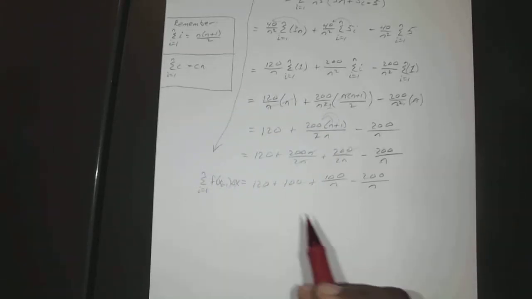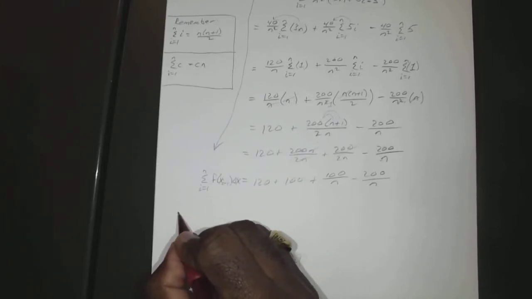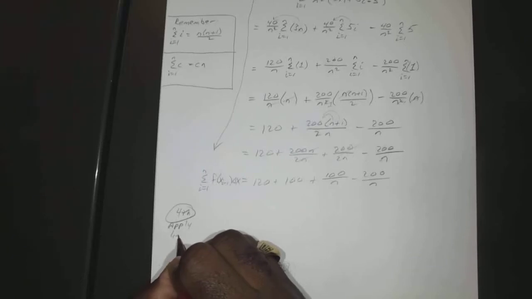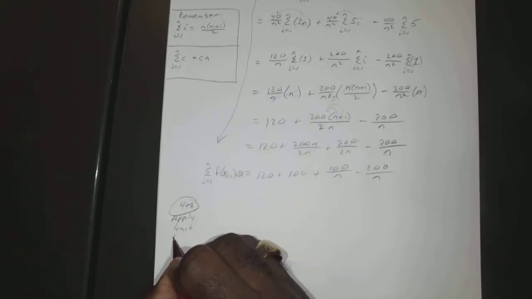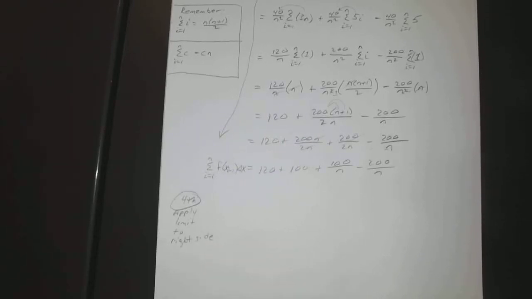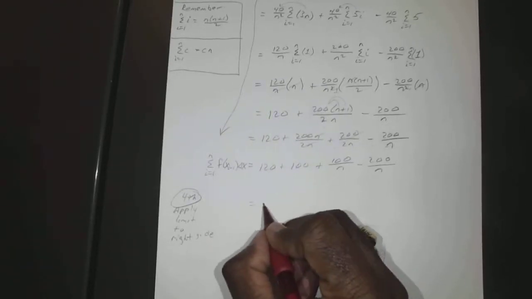Okay. So remember your fourth step, apply the limit to the right-hand side. So that gives us the limit.